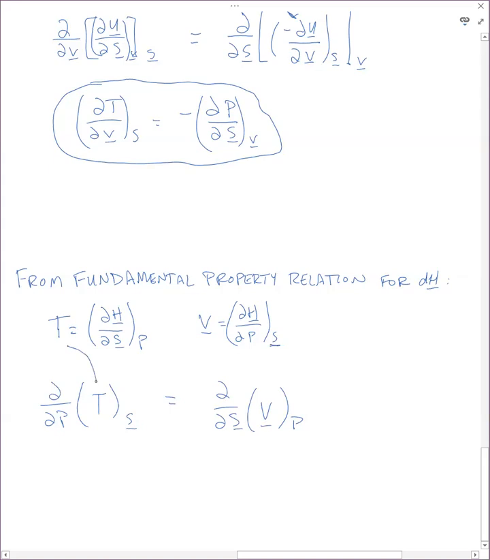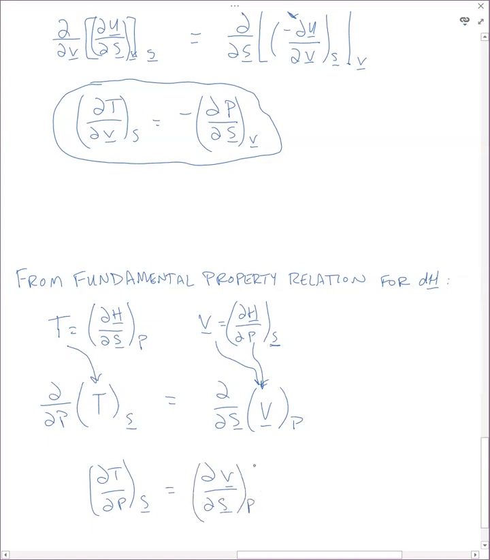Again, imagine that I'm putting T and V, or equivalently the expressions for them, such that they're equivalent. So it's dT/dP at constant S is equal to dV/dS at constant P.